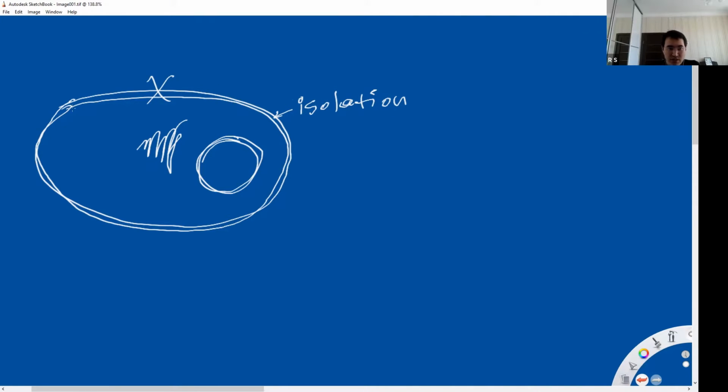So this biomembrane is thought to be the first thing that made a huge step from nature towards live nature. So if we have something to isolate and in this case control the whole processes and functions, then we can talk about living organisms.